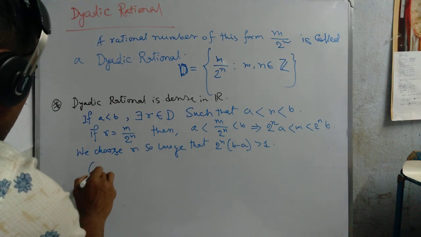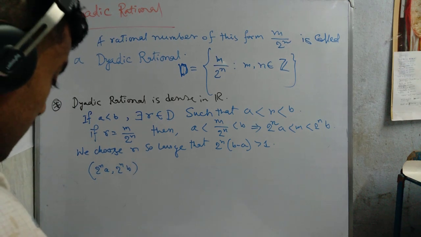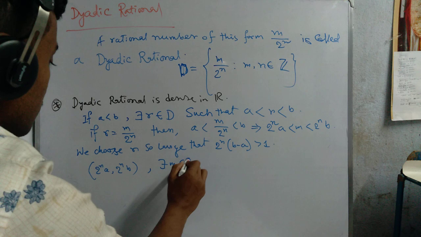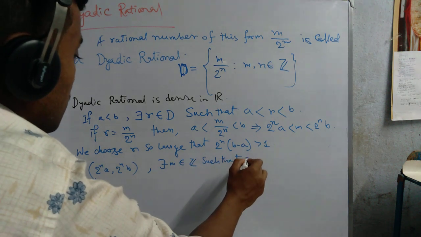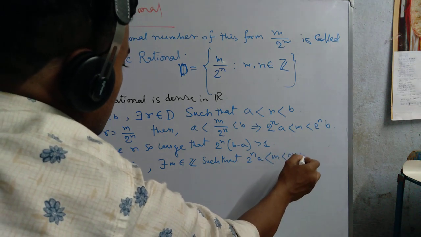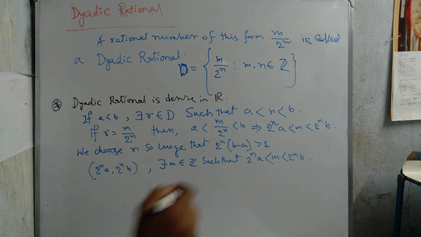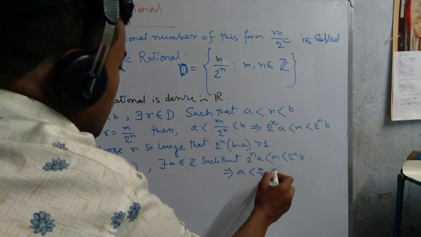Then we talk about this interval from 2 to the power n a to 2 to the power n b. In this interval there obviously exists m belonging to Z such that 2 to the power n a less than m less than 2 to the power n b holds. Yes or no? Yes. So we get a less than m by 2 to the power n less than b.